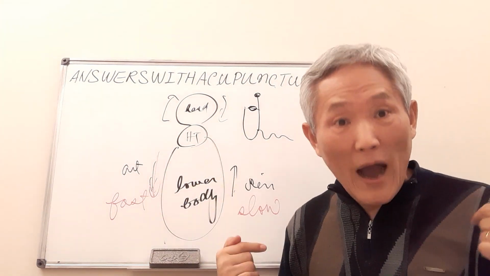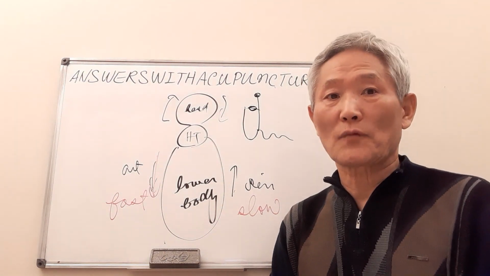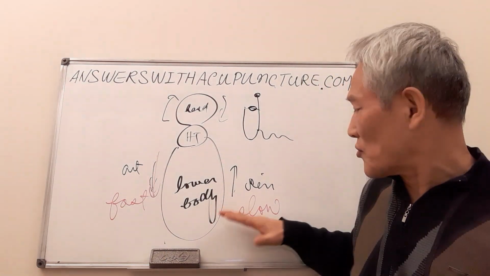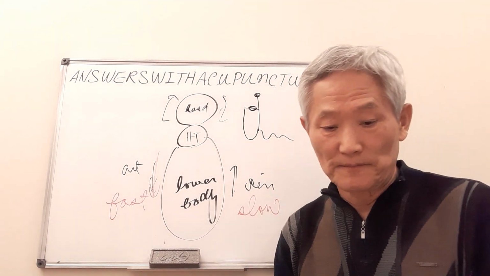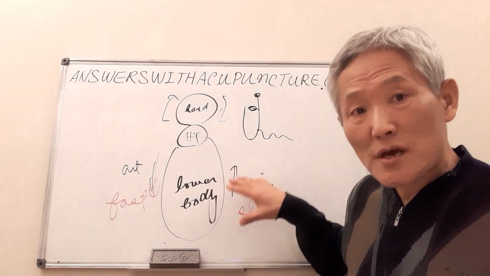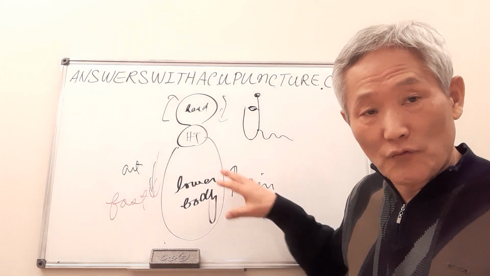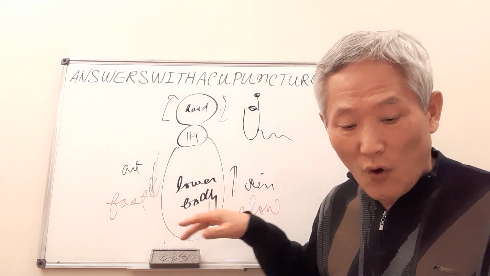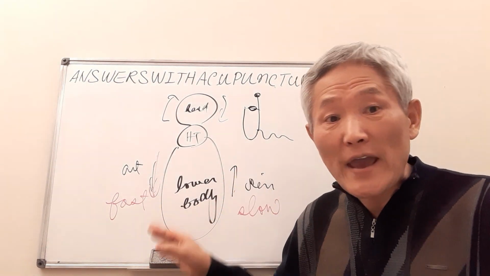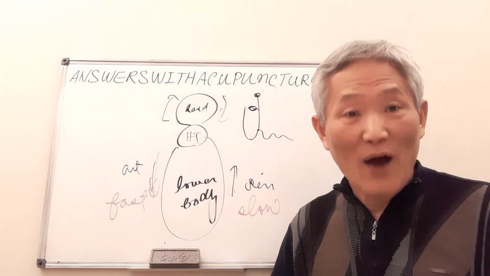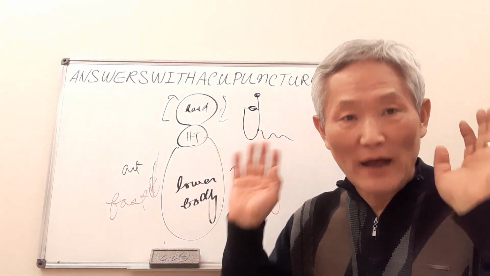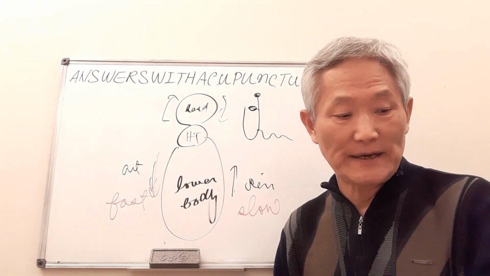But my opinion is, no, it is slow over here. Here is the problem. So when you talk about this vein, then we know how to handle hypertension easily.